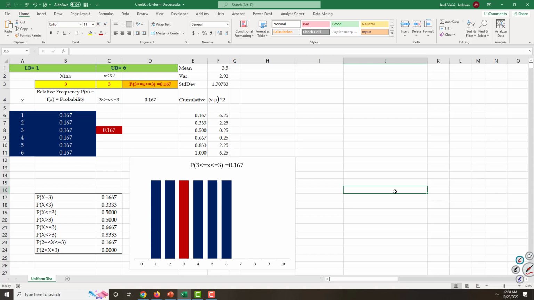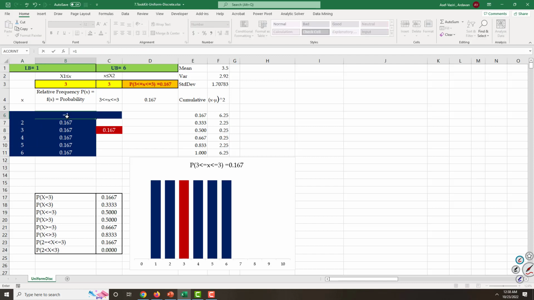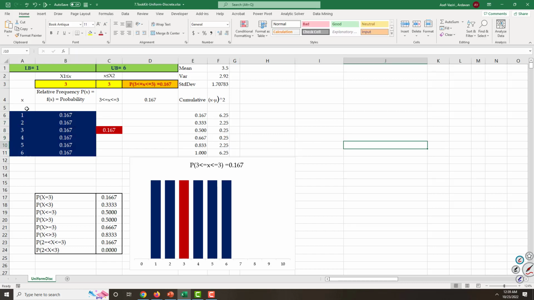Rolling a dice has 6 discrete outcomes and the probability of all of them are equal, and it is 1 divided by 6. 1, 2, 3, 4, 5, 6, and equal to 1 divided by 6, and lock it. So that is x, and that is f of x.